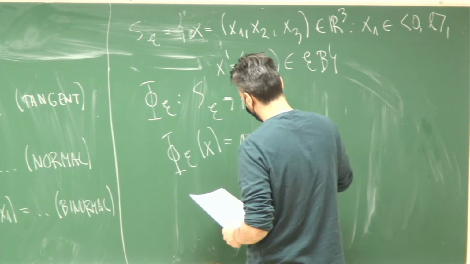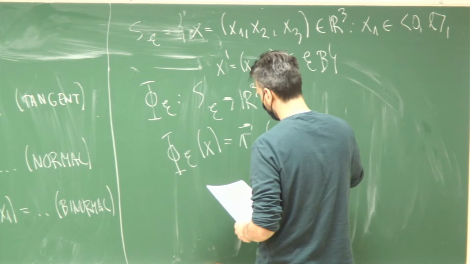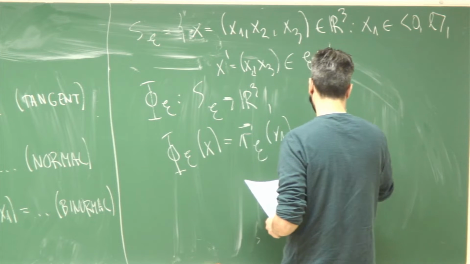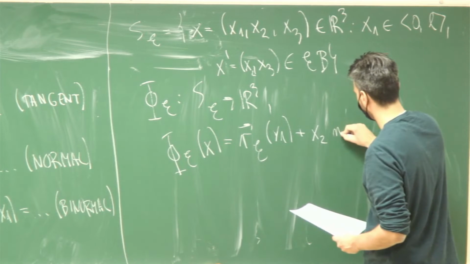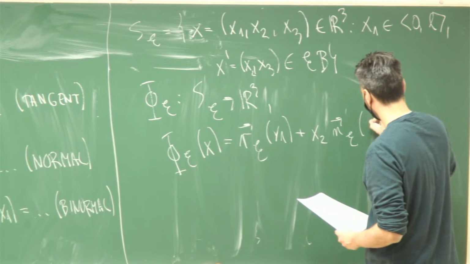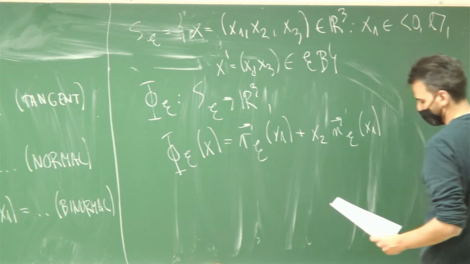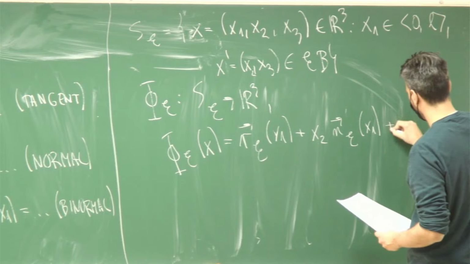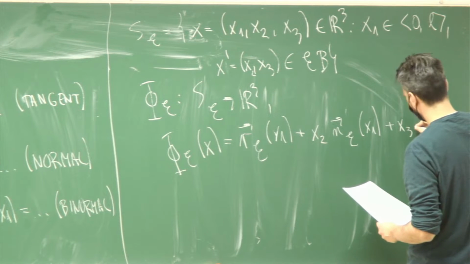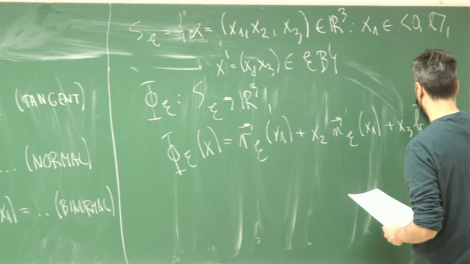You have R epsilon of x1 plus x2 n epsilon of x1 plus x3 b epsilon of x1.